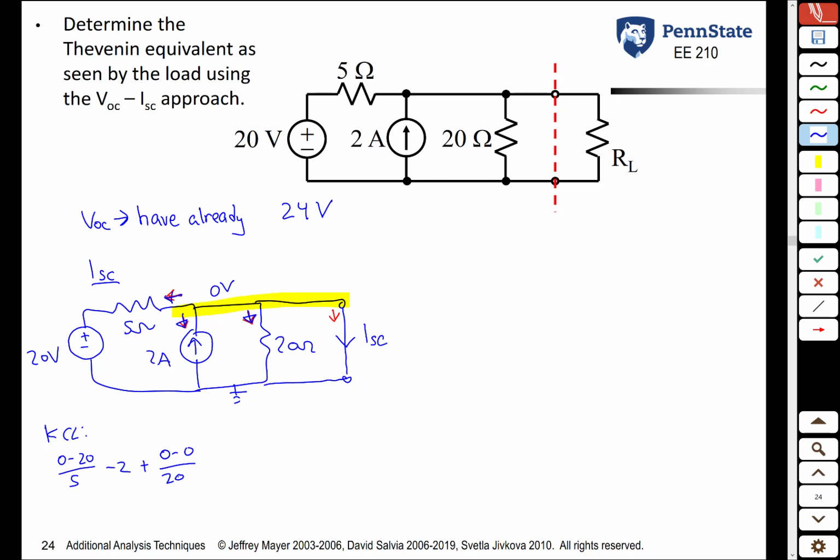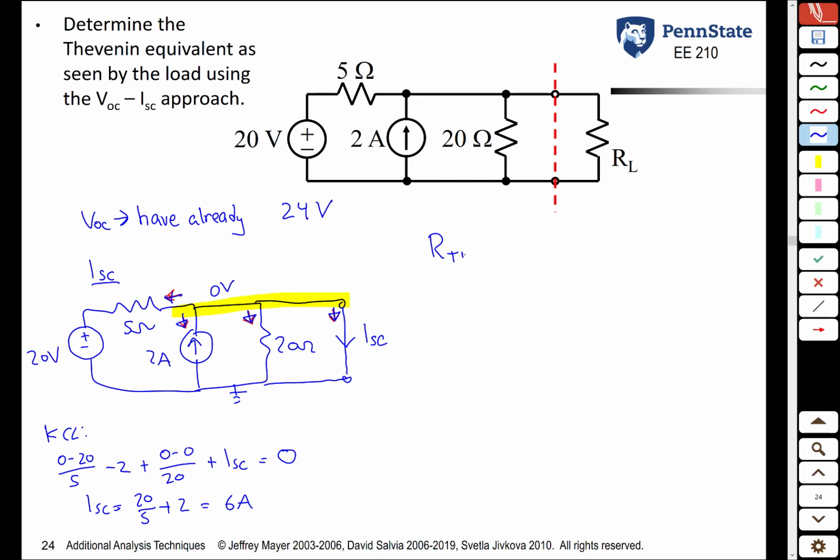In other words, there's not going to be any current going through that 20 ohm resistor. And the current going through this branch is what we're looking for, ISC. The sum of those 4 currents is equal to 0. You solve for ISC, you get ISC is equal to 20 over 5 plus 2, or 6 amps.